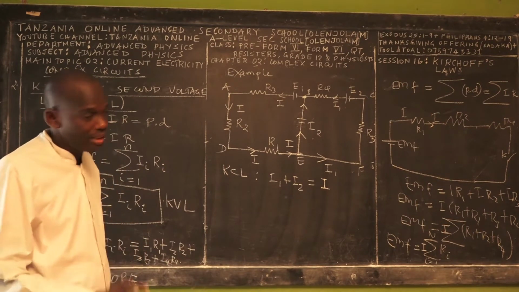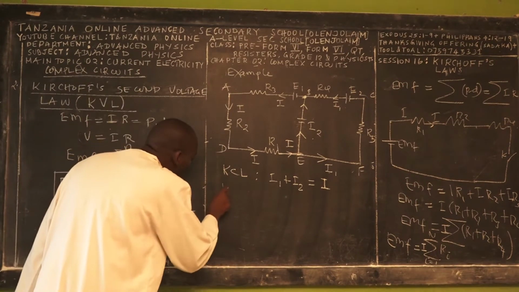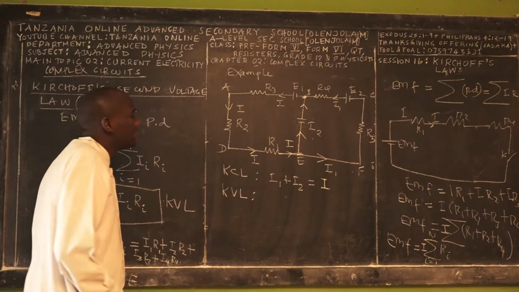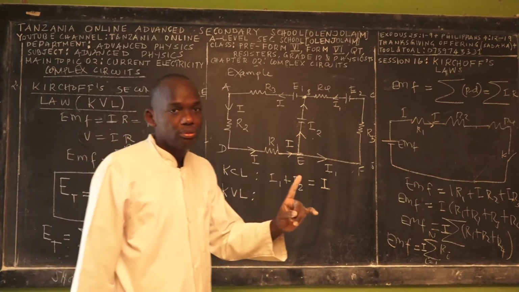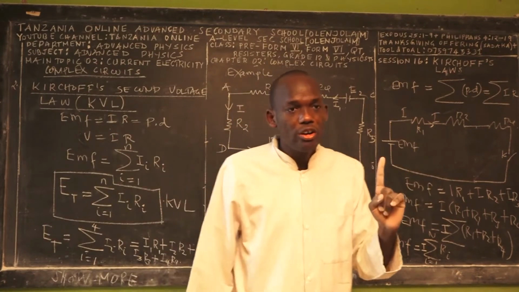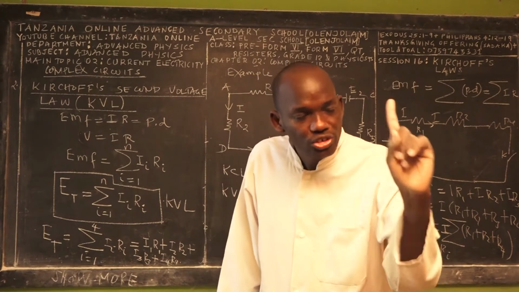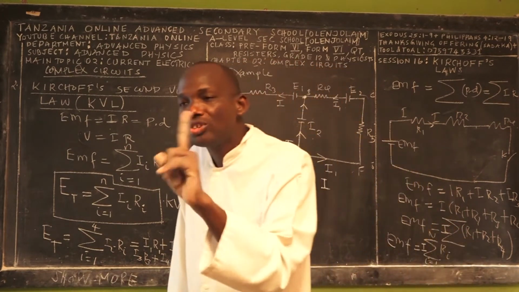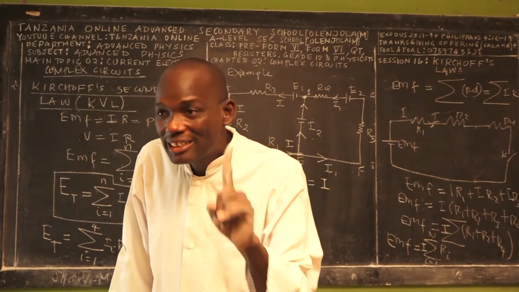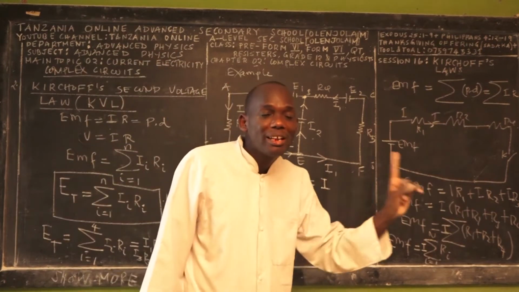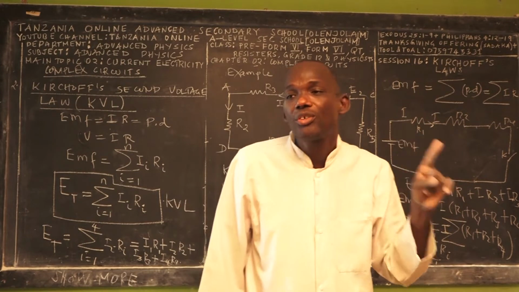Are we together? Okay. Now if we consider Kirchoff's voltage law for this case, we should choose a closed loop, because Kirchoff's voltage law asks you to have a closed circuit. In a closed circuit, the algebraic sum of electromotive force is equal to the algebraic sum of potential difference.